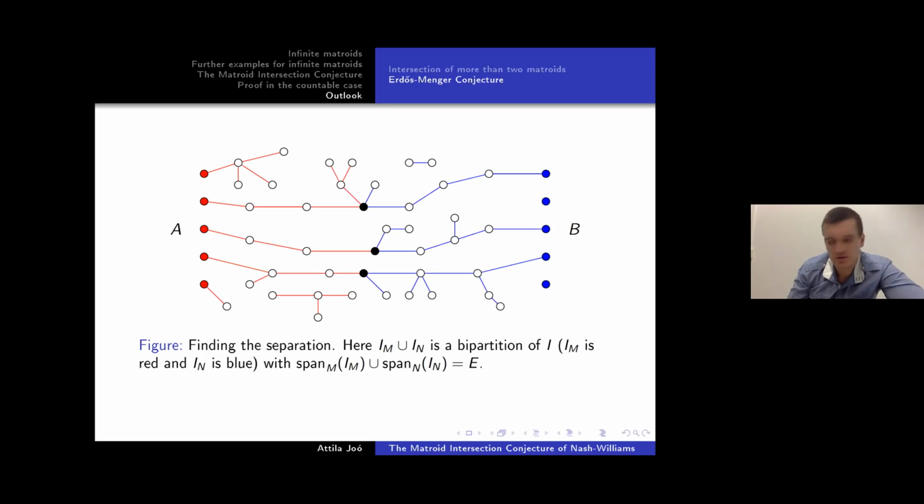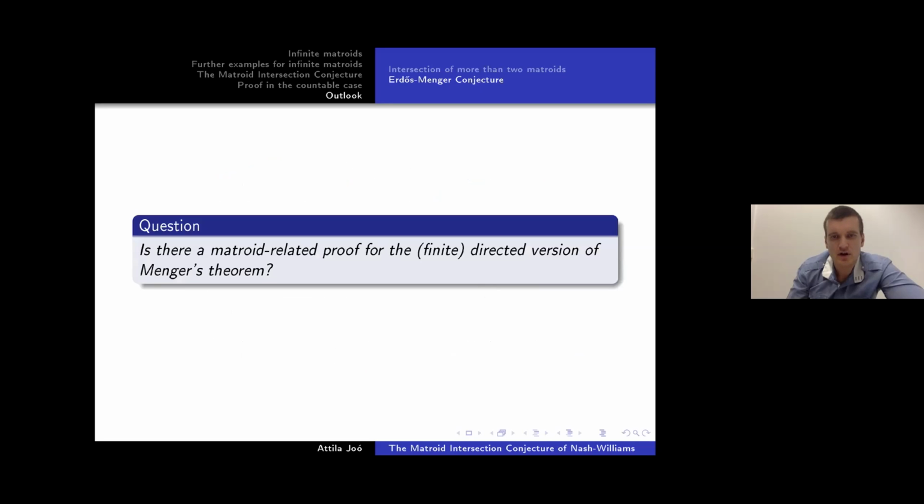And I have a question. If somebody knows a matroid-related proof of the finite directed Menger theorem, then please tell me or write me about it, because I'm very curious whether it is possible to use oriented matroids or something like that to get a matroidal proof of the directed version of the infinite Menger theorem.